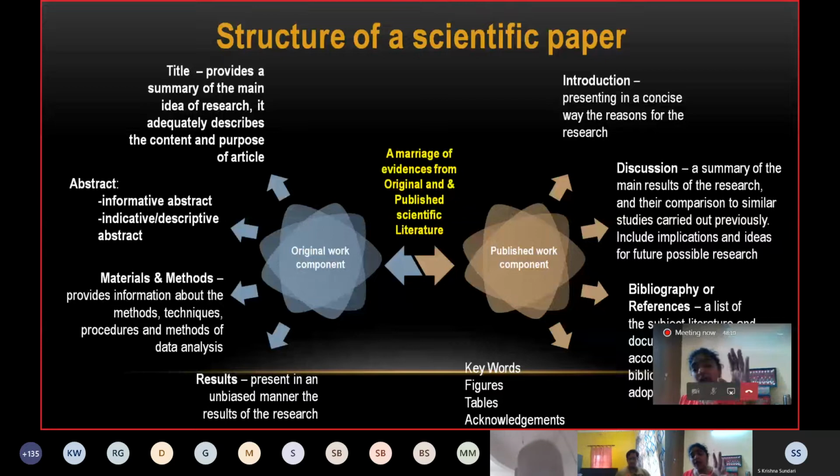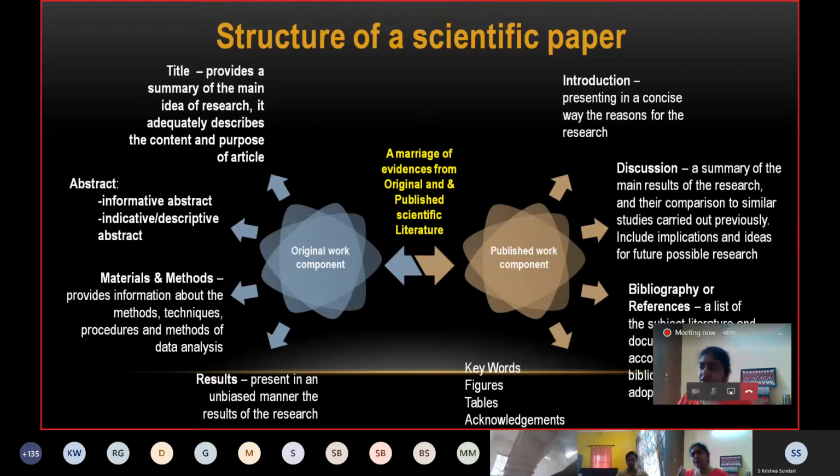If the title does not communicate what the paper is containing, then you are failing in writing your paper. Because even though your paper might be wonderful, if your title does not communicate the essence, then you cannot be successful in enticing the reader to pick your paper and read. So title is very important.